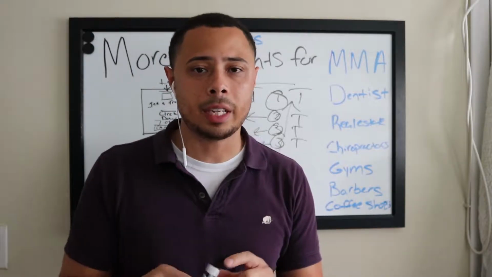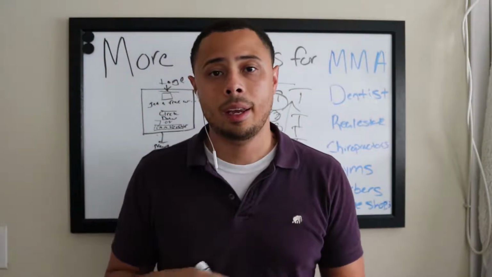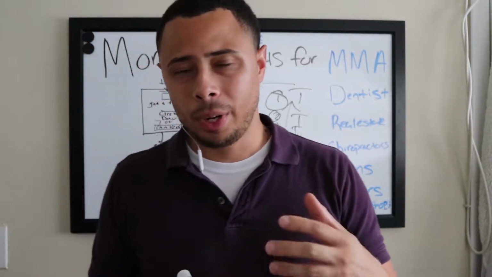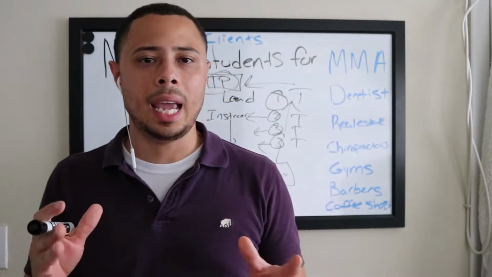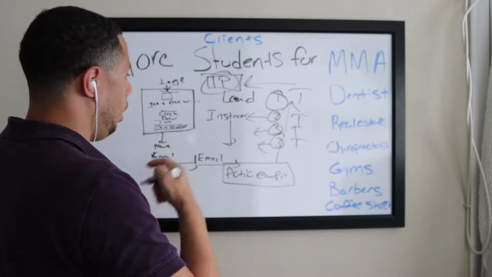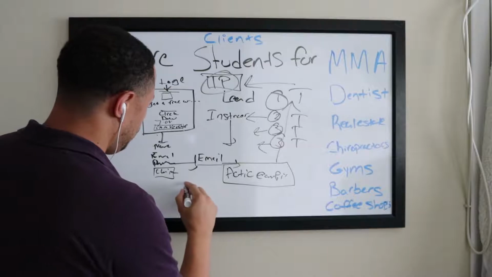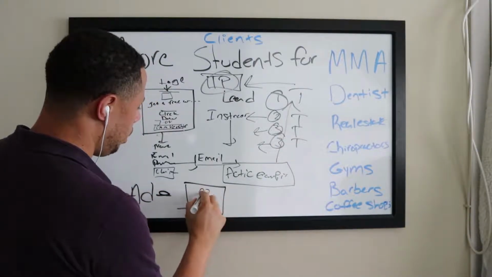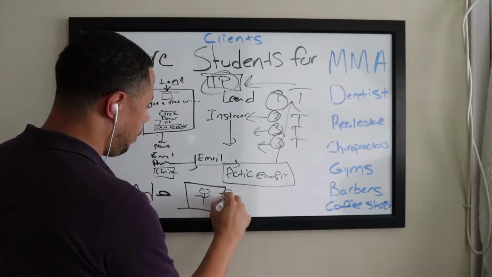As far as the advertisements go, so when you run an ad, what we like to do for the ad is pretty simple. We like to take a picture of the kids. So let's say ad. We want a picture of the kids having fun.